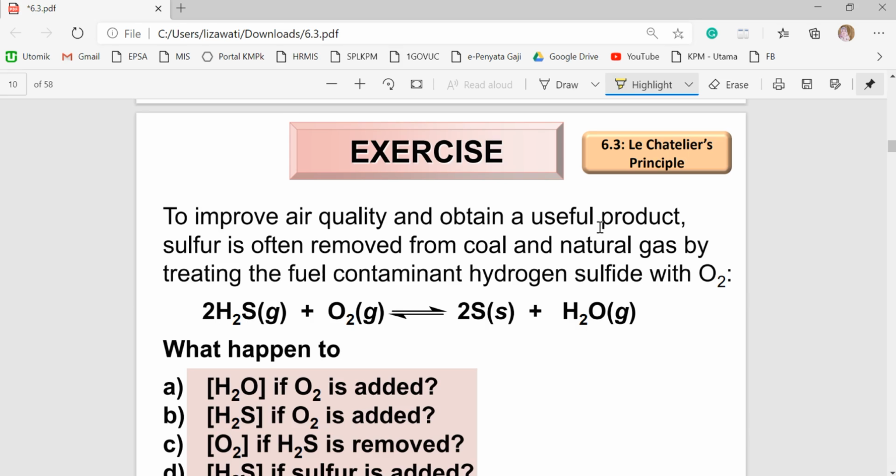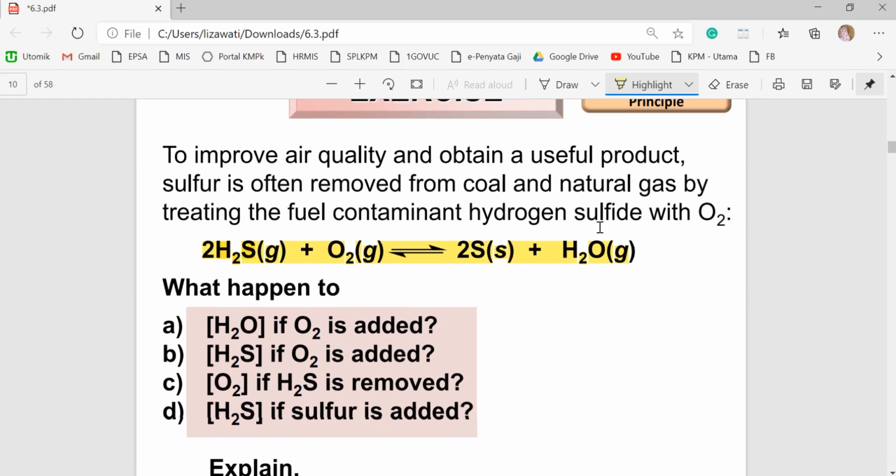To improve air quality and obtain useful products, sulfur is often removed from coal and natural gas by treating the fuel-contaminating hydrogen sulfide with oxygen. This is the equation here. What happens to the concentration of H2O if oxygen is added?